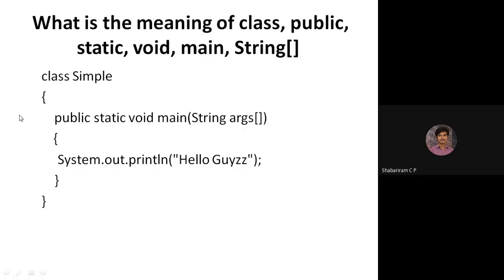So I'm going to discuss the internal facts of this program, right? What is the meaning of class? What is the meaning of public? Why do we need to add the keyword static? Why do we need to include void? And what is the meaning of System.out.println? So we know Hello guys is a statement.